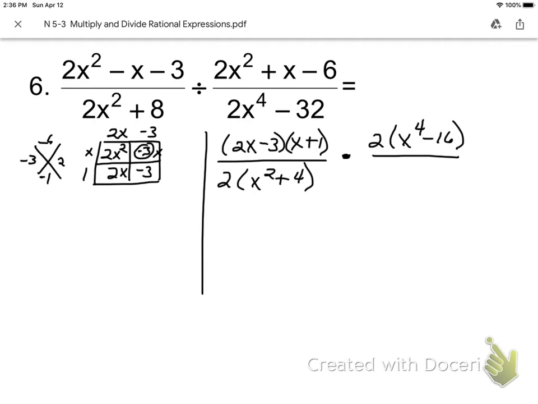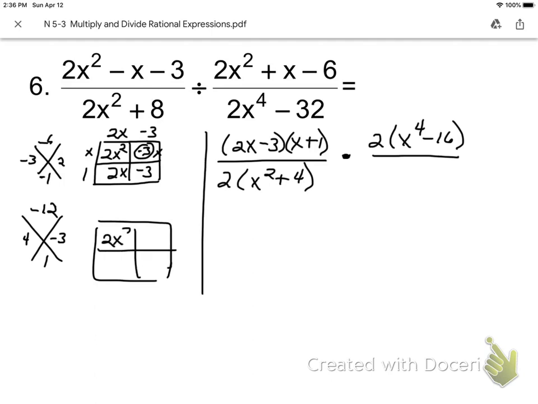And now let's look at, we want to multiply to be negative 12 and add to be positive 1. So that's going to be a 4 and a negative 3. So again, if we do the box, you're going to do 2x squared and 4x and negative 3x and negative 6.